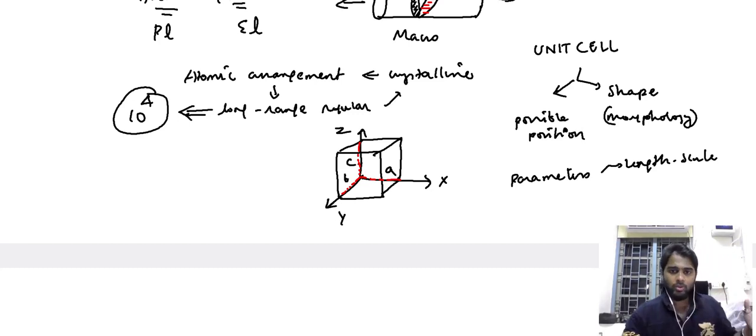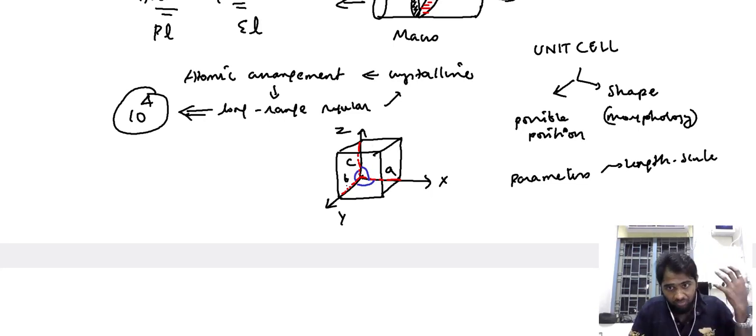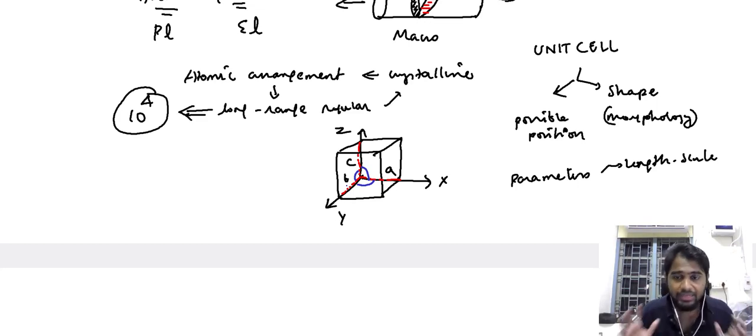So, when you consider a unit cell and you superimpose the coordinate system that we are familiar with, the Cartesian coordinate system, we are able to come up with 3 parameters to describe the morphology of the unit cell. In addition to that, it is possible for us to have an angular parameter, and this angular parameter also plays a critical role in describing the morphology of the unit cell.